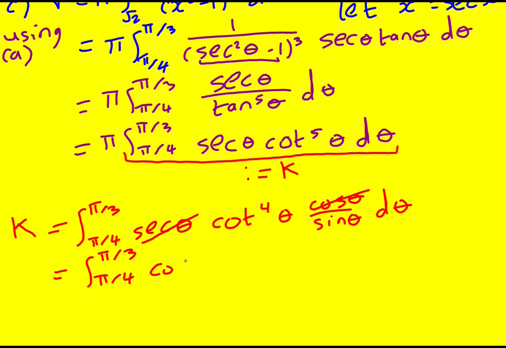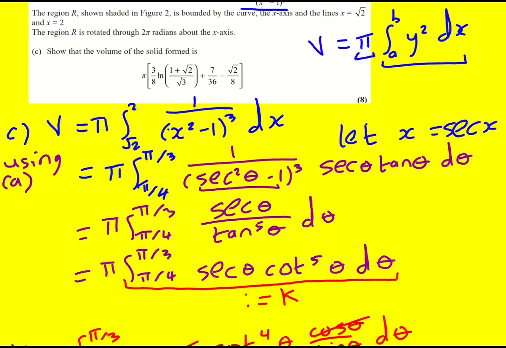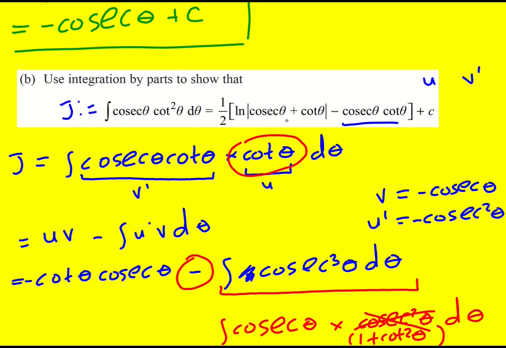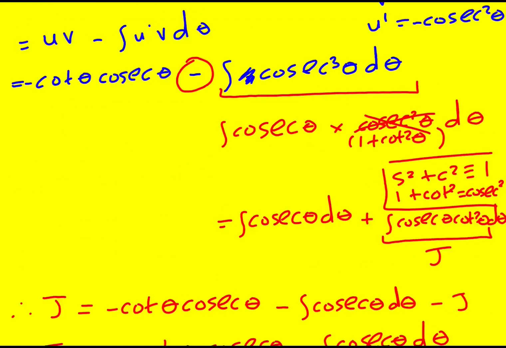So cosec theta, and then I'm going to go straight in and use the idea from part B, write it as cosec theta cot theta, and then cot to the power 3 theta. So in the earlier question, we just had cot theta, but we can do a similar sort of thing. So this is where I'm going. I'm going to integrate by parts again.